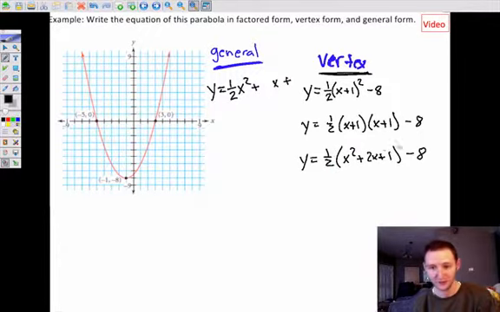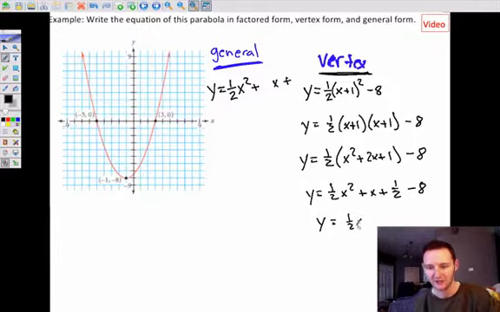Then go through and multiply each by a half. y equals 1/2 x squared plus x plus a half minus 8. y equals 1/2 x squared plus x minus 7.5.